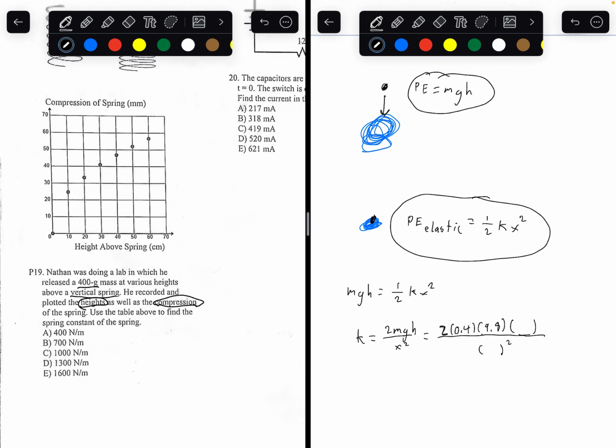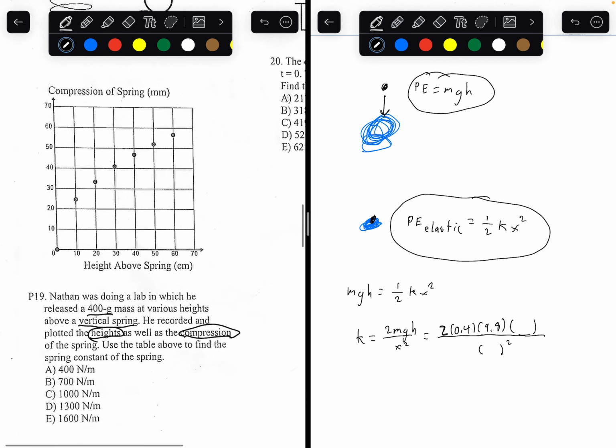To find this, you take a point on this graph. I'll take this green one that I'm shading right now. The height above the spring is 10 centimeters, and the compression is 25 millimeters. So the height is 0.1 meters, because 0.1 meters is equal to 10 centimeters.